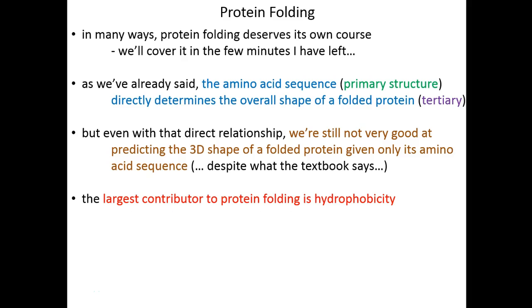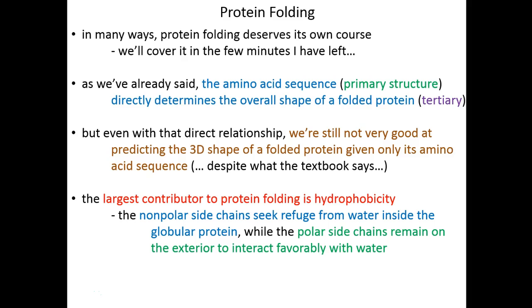The need of hydrophobic nonpolar side chains rushing into the interior of a globular protein so that they can shield themselves from water and exclude water, while at the same time these polar hydrophilic side chains, remember, most notably the acidic and basic ones with full charge, are racing to the exterior of the protein so that they can interact favorably with water.